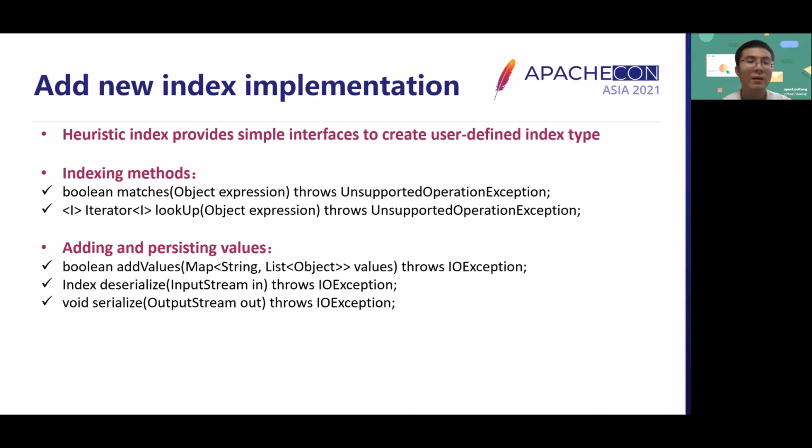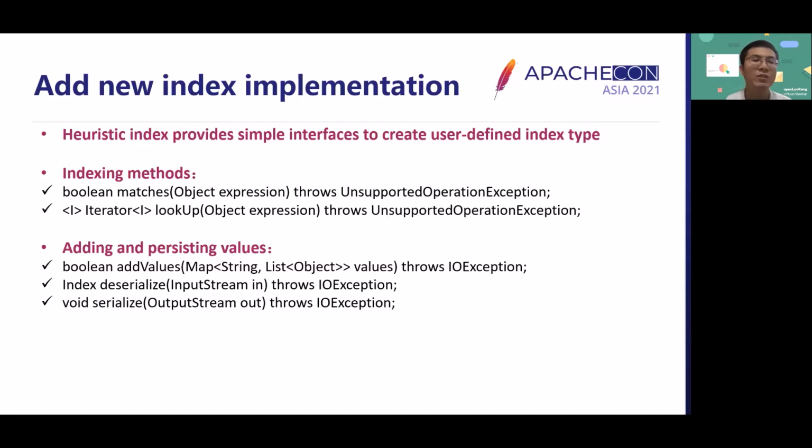The matches interface returns true or false based on the expression input by the index caller. For example, if we create a min-max index with a greater-than value, the user input expression is the value greater than a specific value. We can use the expression to tell the index caller whether the index can contain the value or not.